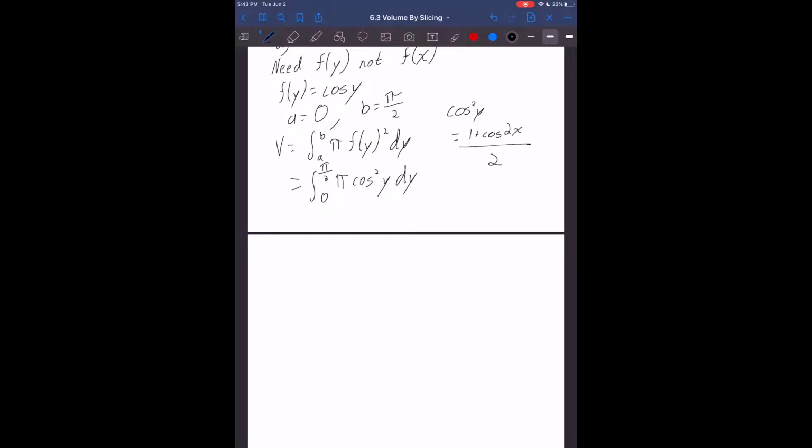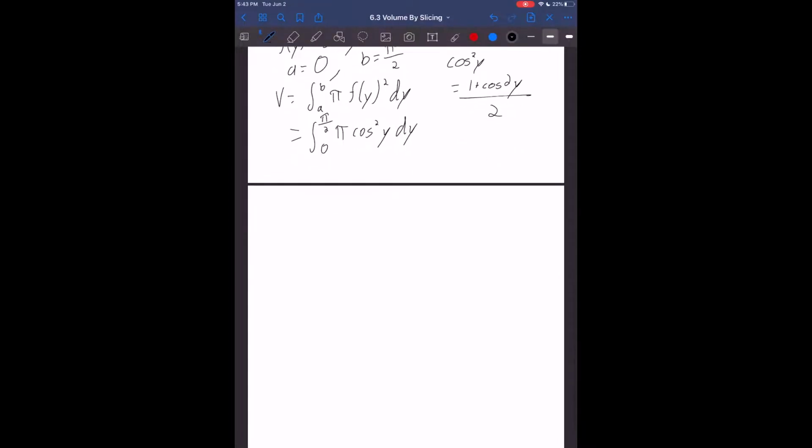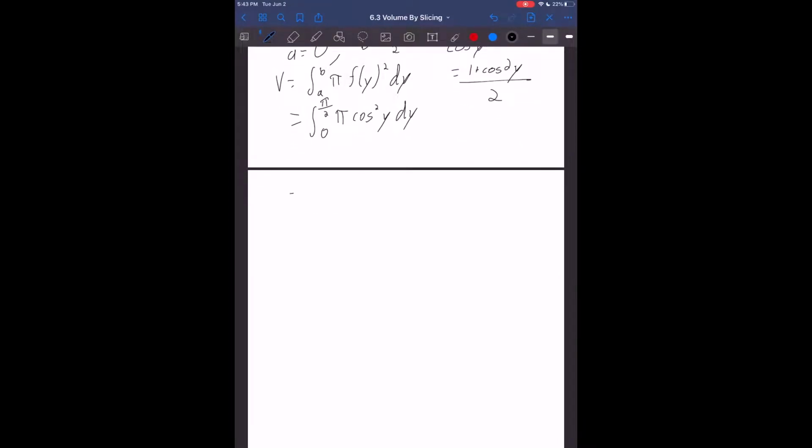Plugging this in for cosine squared will allow us to actually do the integral, right? Because we know how to take integrals of every single part of this, where we don't necessarily know how to take the integral of cosine squared.